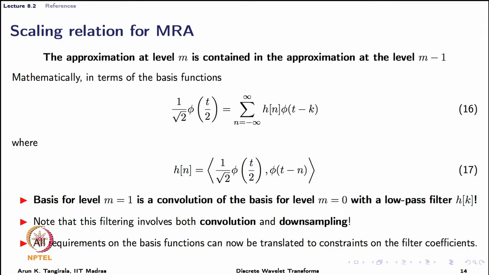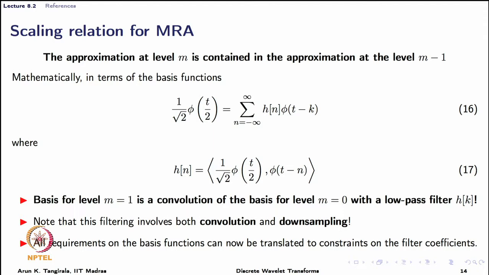That means, in terms of basis functions, the basis functions that span the subspace V1 can be generated by, or spanned by, the basis functions that span V0. What are the basis functions that span V0? Phi of t and its translates. What is the basis function for V1, the subspace V1?